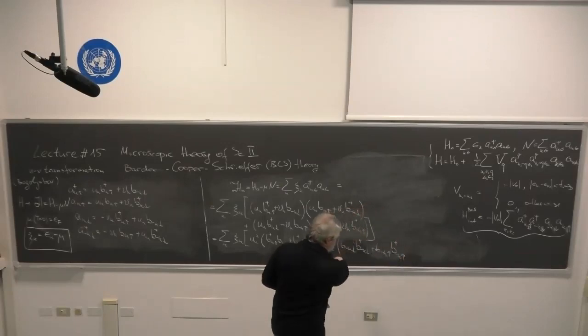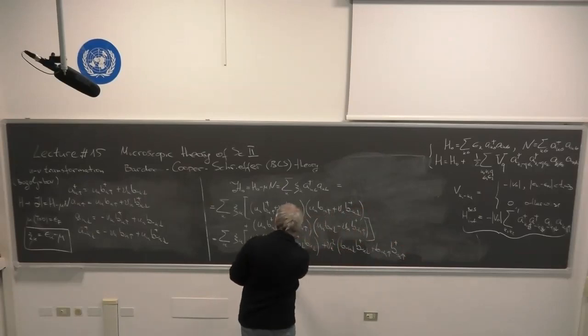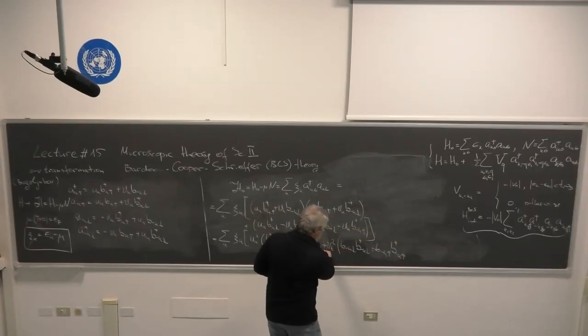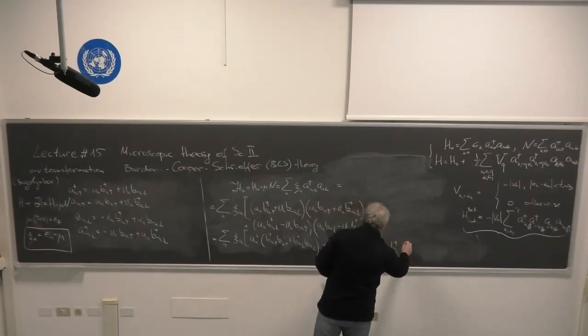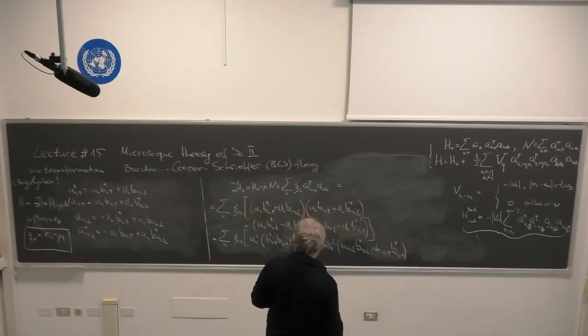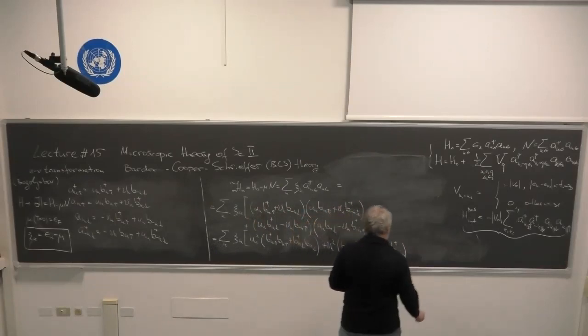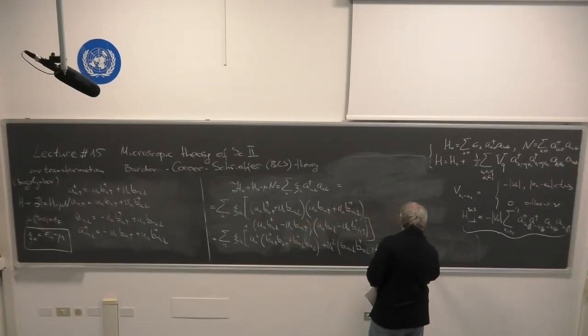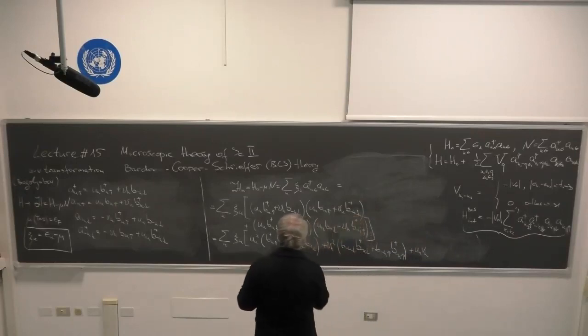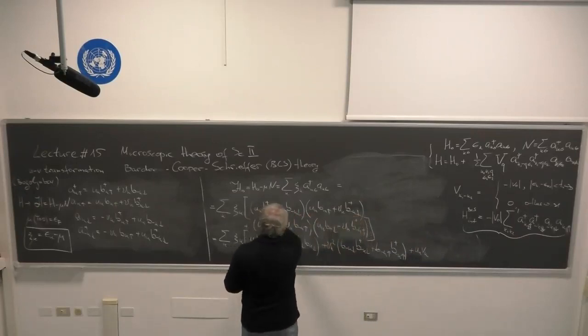In principle, I can replace k by minus k because I have a summation; psi is an even function and V_k is even as well. Now I have terms which are off diagonal, proportional to U_k V_k, and terms B dagger B dagger plus BB.